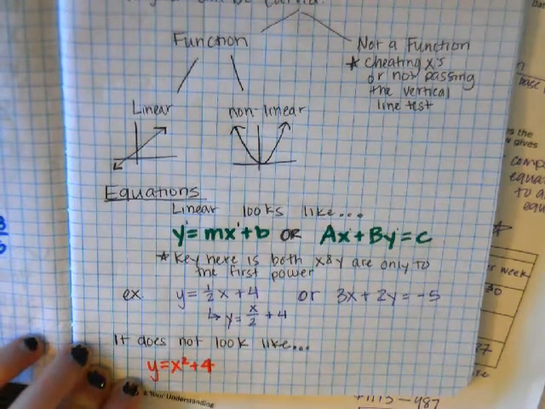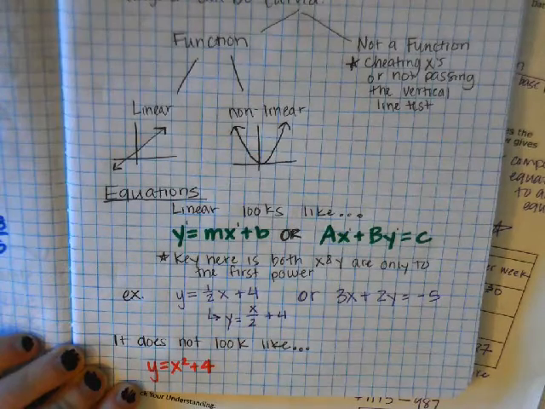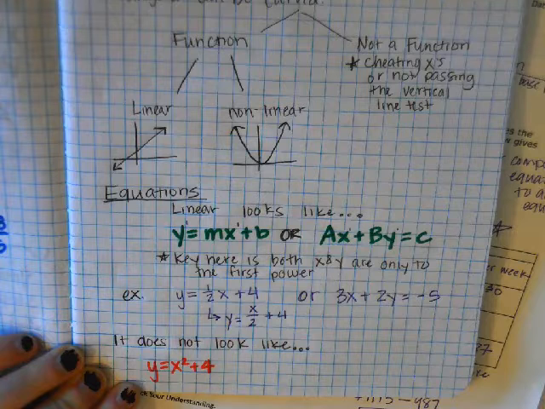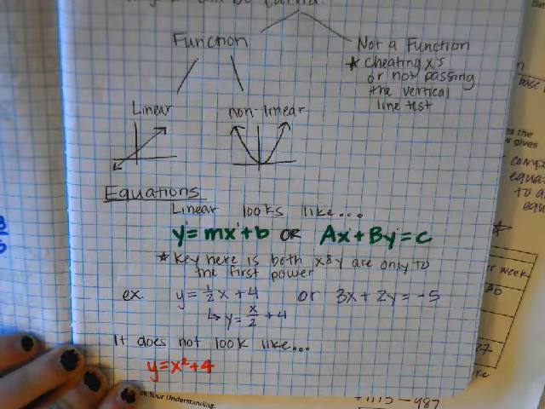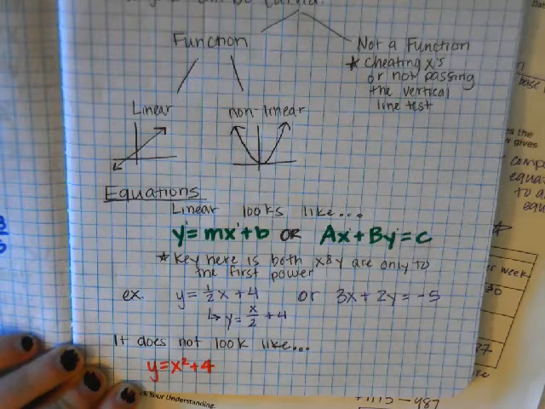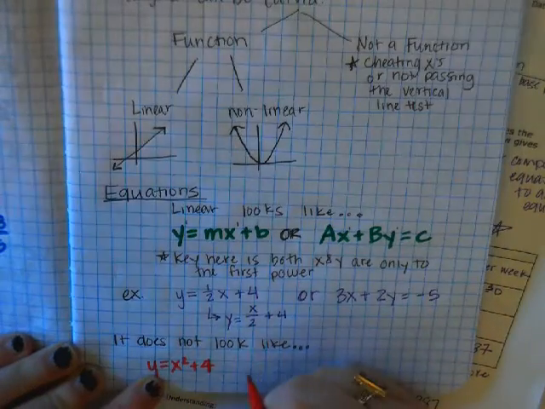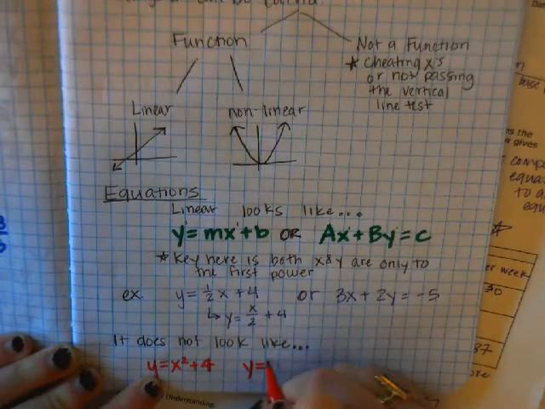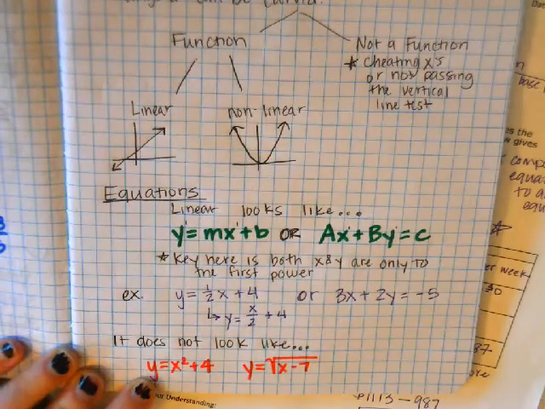Yeah, sorry, I know I'm going fast. All right, it also doesn't look like y equals the square root of x minus 7.